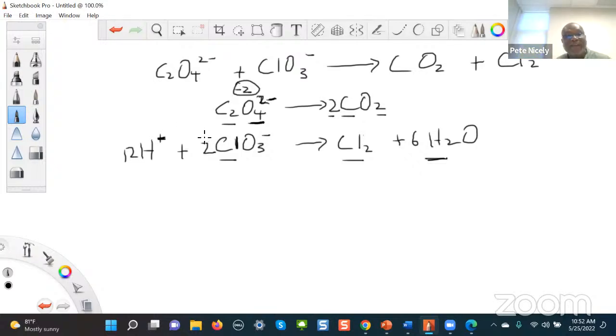And how many charges do we have total on the right side for that half equation? 0. Okay, very good. So what does that mean? To which side would you add electrons and how many? Add 2 to the left. 2 to the left, you sure about that? No. Think about it. If you add 2 electrons to this side, you're going to be adding another 2 negative charges, which gives you -4, which will not balance with the 0 on the right side. So you cannot add 2 electrons to the left.